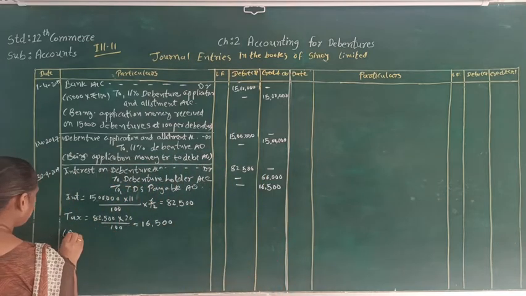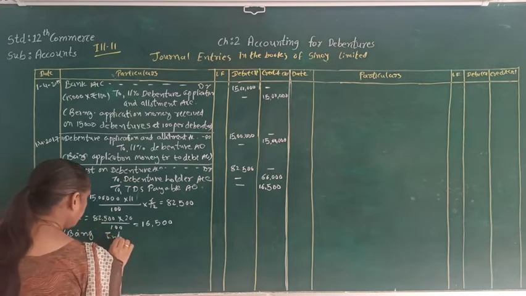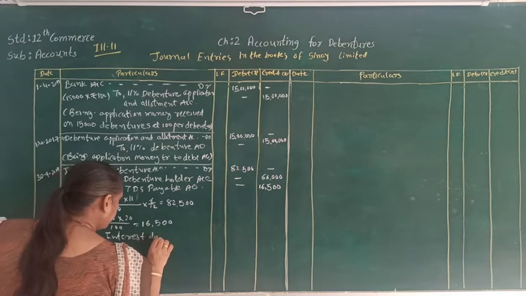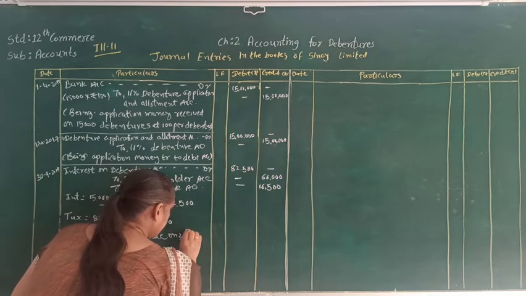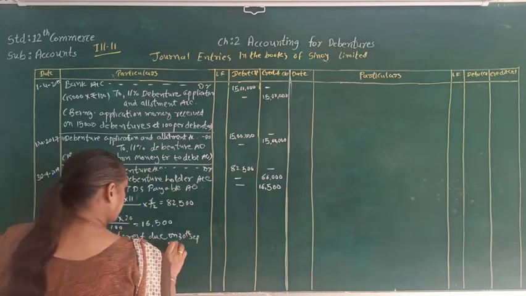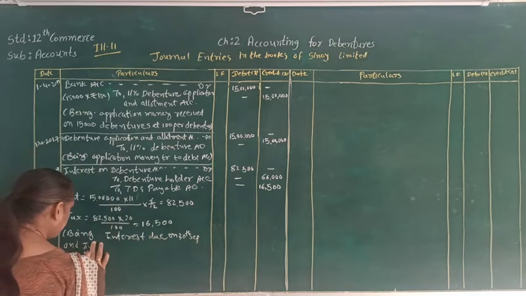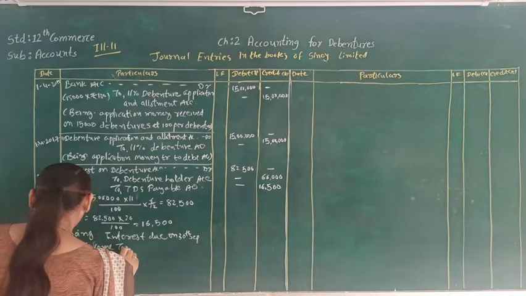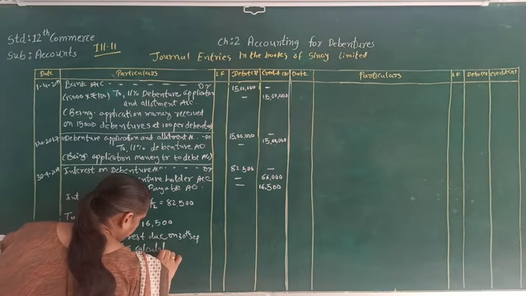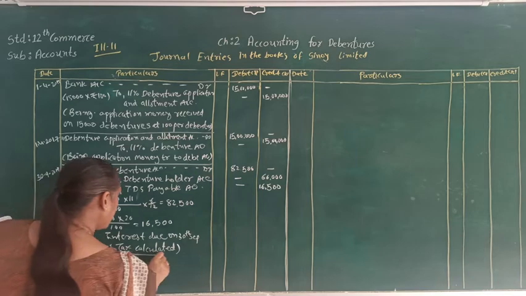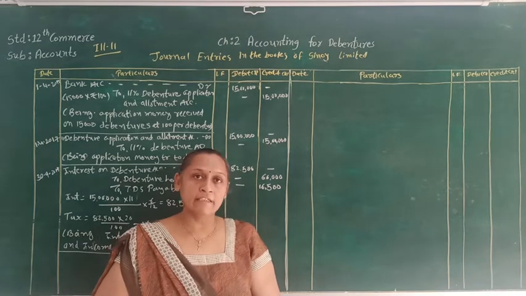Being interest due on 30 September and income tax calculated for that. So this is how we pass the journal entry for the interest as well as TDS.